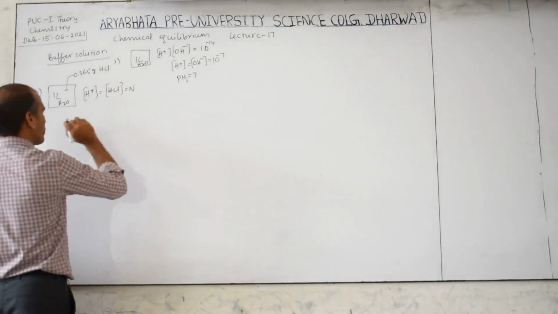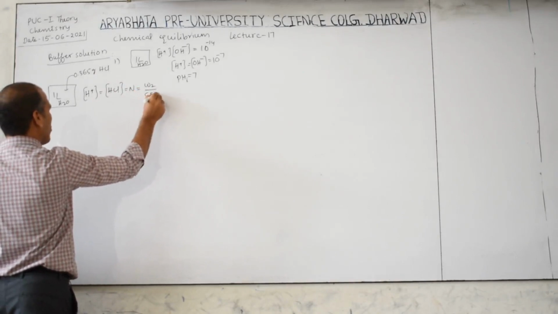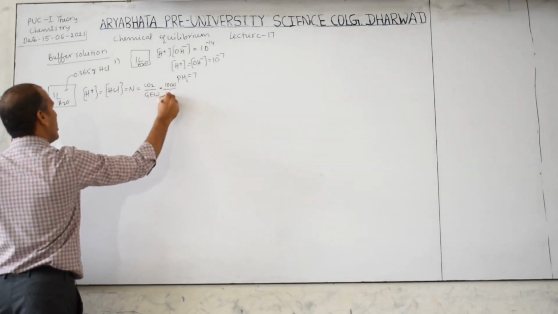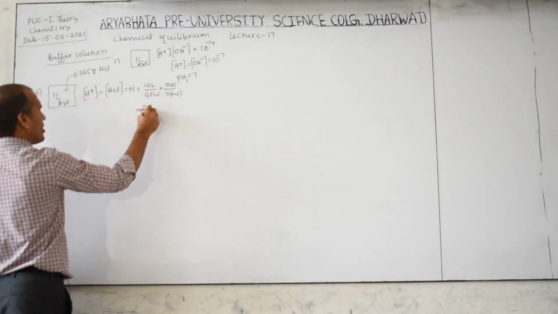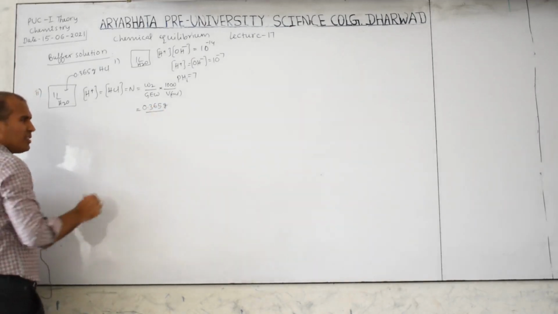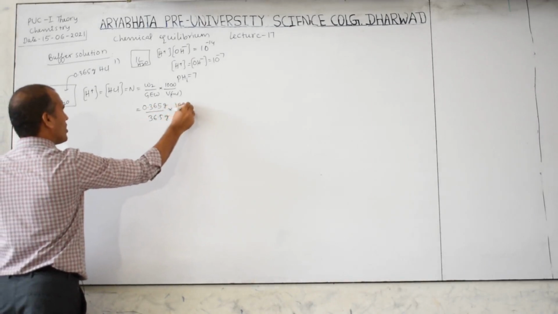Now the normality formula, you know: W2 by gram equivalent weight into 1000 by V in milliliter. Mass is given here, 0.365 gram. Gram equivalent weight of HCl is 36.5 gram, into 1000.